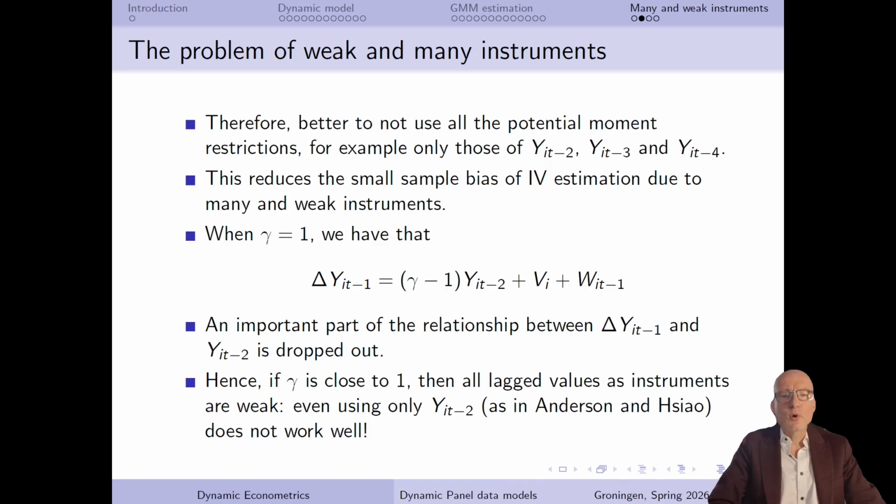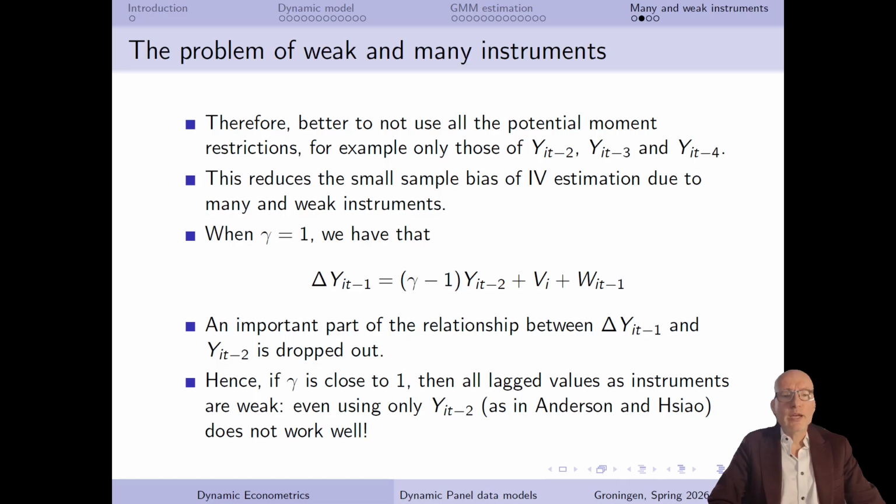And that small sample bias is going to be larger when the instruments are weak, or when we have many instruments. So therefore, if we introduce fewer instruments, and only the strongest instruments that we have, such as y_{i,t-2} and y_{i,t-c}, then the small sample bias is going to be reduced.